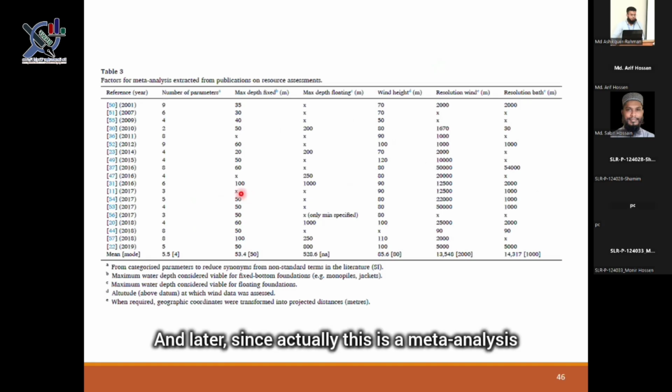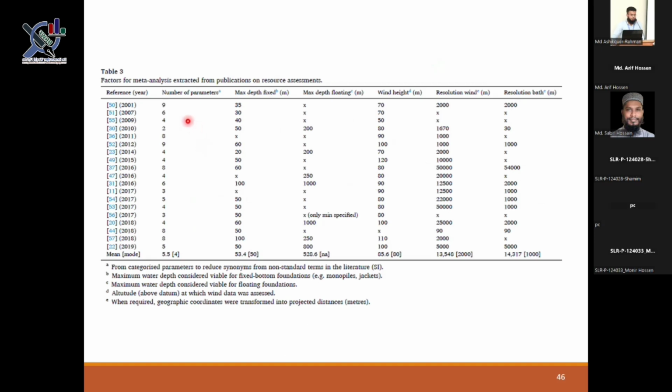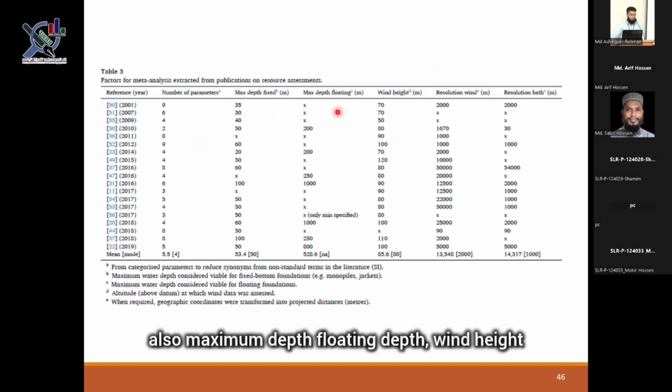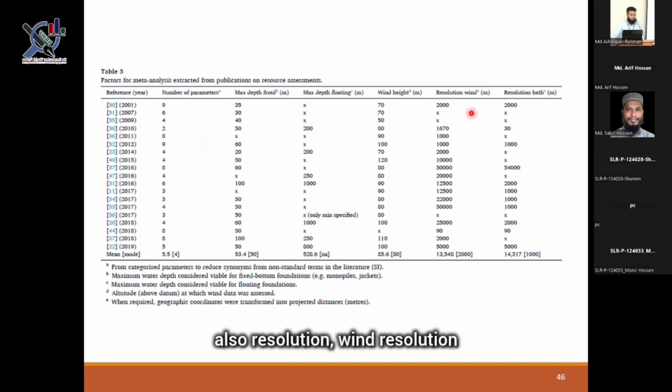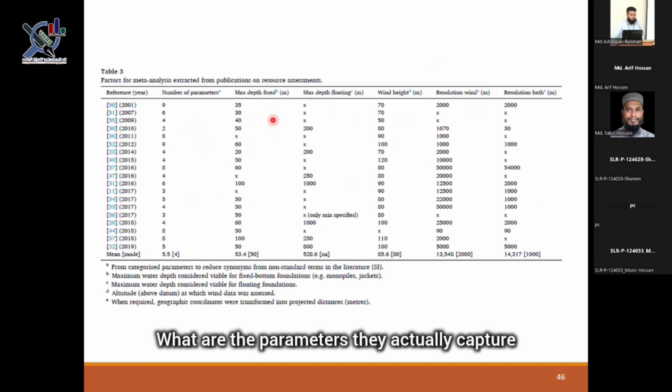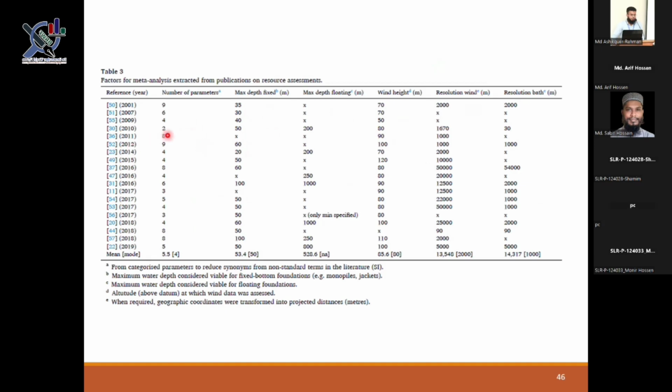And later, since this is a meta-analysis, what parameters did they extract? They mention here the maximum depth fixed, maximum depth floating, wind height, wind resolution, and all the record information. These are the parameters they captured or extracted from the articles.